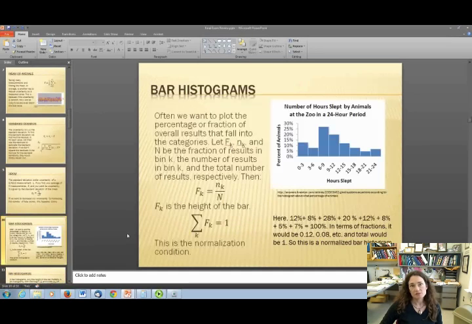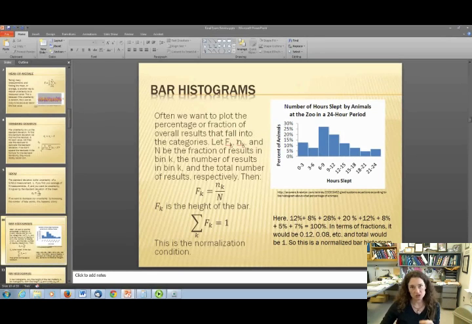All right, sometimes you want to plot your data out and you want to look at how that data is distributed, okay? So what you do is you divide your data's results into different bins, and you put the data that falls into certain ranges within a bin, okay? And then you want to plot, say, the percentage or the fraction of values that lie in each one of those bins, and that gives you a bar histogram, okay?